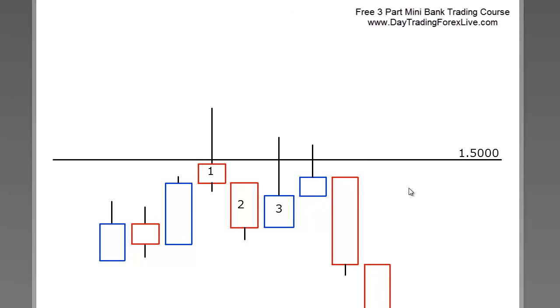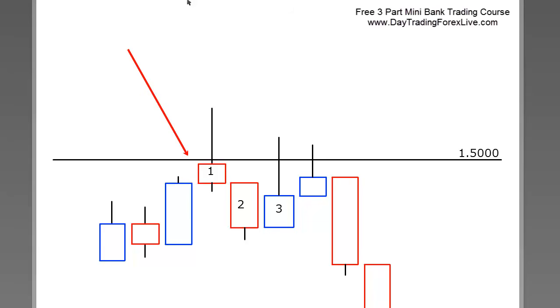And so as the market comes into this level here at the 1.5000 point, the question becomes, do I take the trade as the market comes into this level, or do I not take the trade? And as you examine the reviews or the commentary, that's the critical question that you ask yourself as you come into those levels.